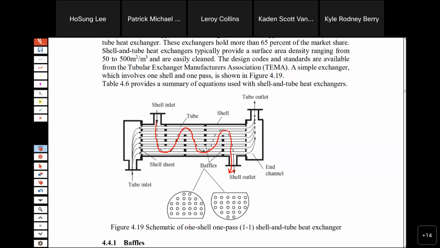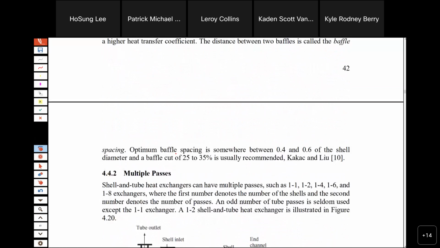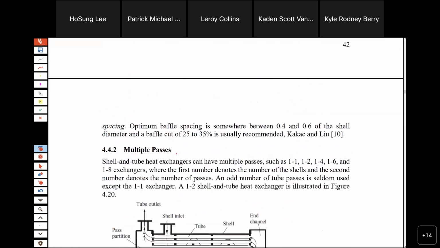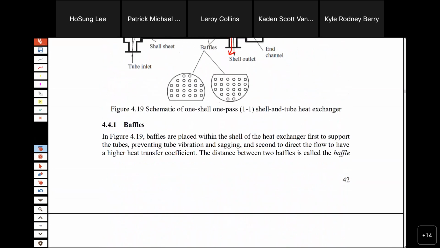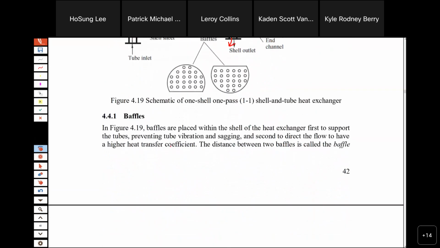There is a cut so that the flow goes around. Now this is one pass, just one pass.